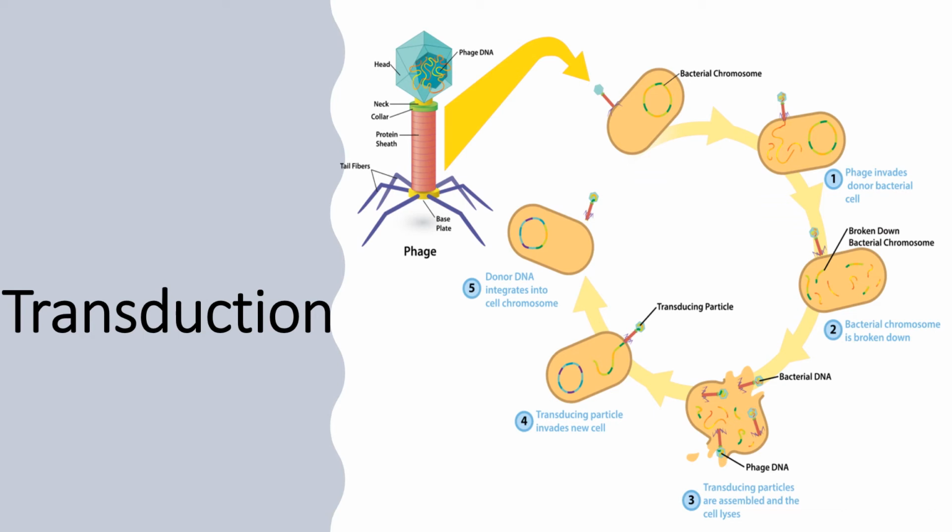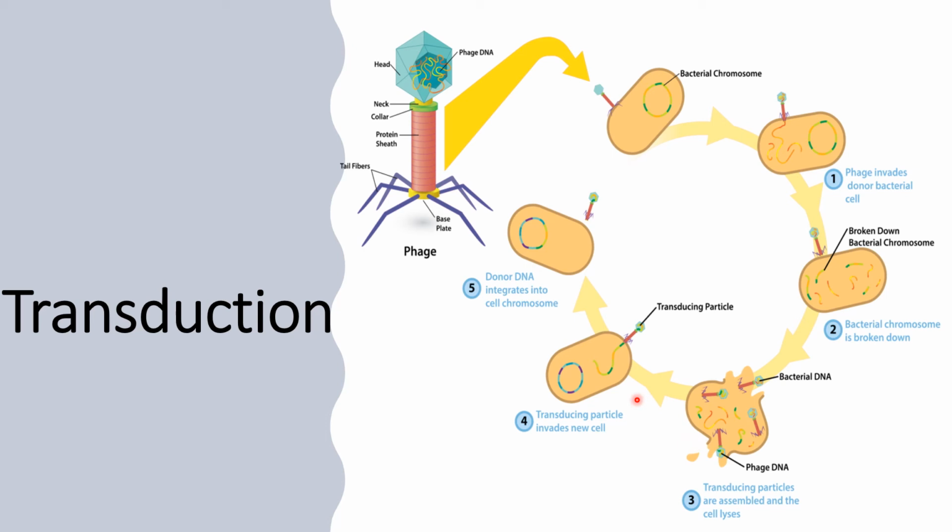In the process of transduction, a bacteriophage infects a bacterial cell, and the phage enters this bacterial cell, and then this phage replicates inside the bacterial cell, and the bacterial chromosomes are broken down into pieces, and then these bacterial chromosome pieces and phage reassemble and form a new bacteriophage.